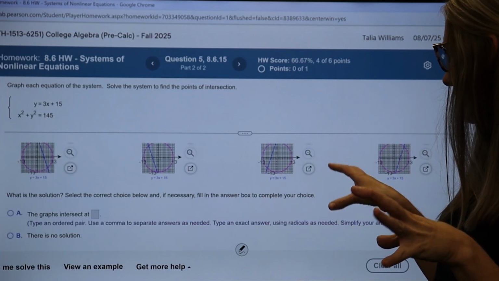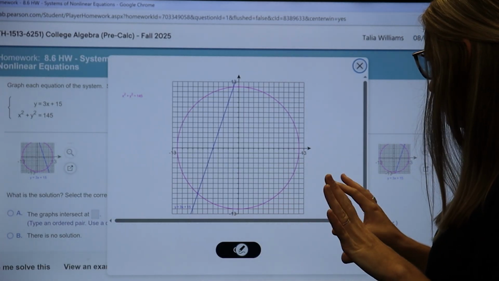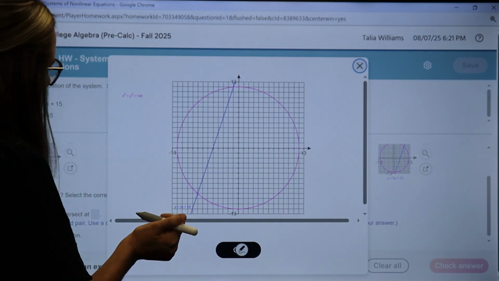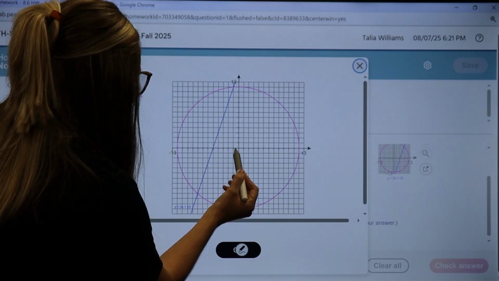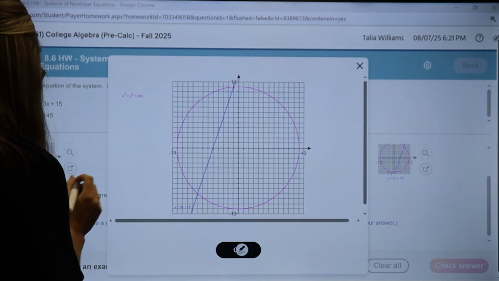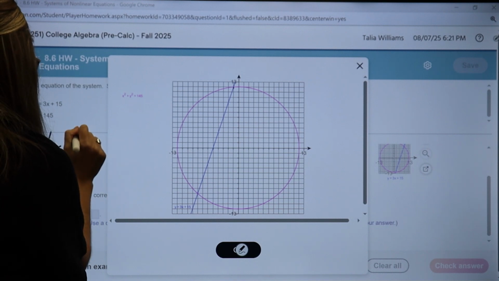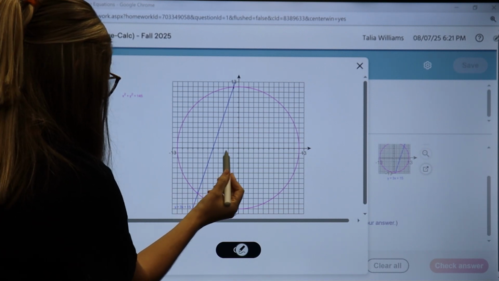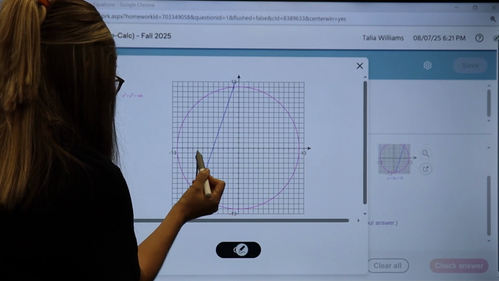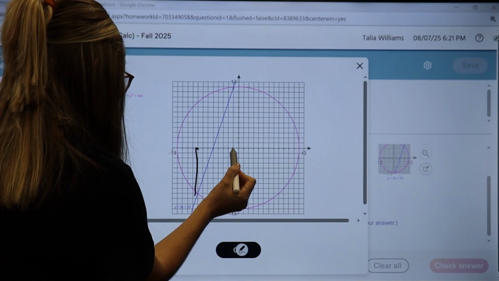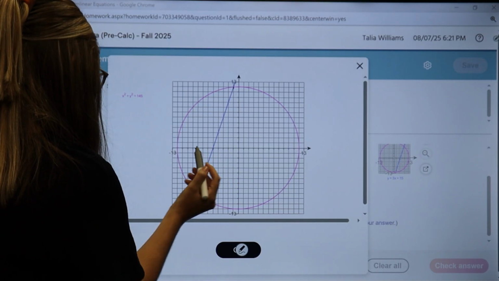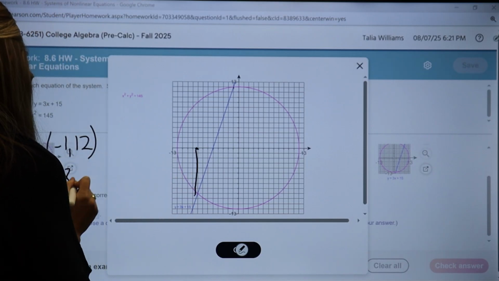Then when we go to find our ordered pairs where these intersect, I'm going to zoom in. This is going to be negative 12. So where do I want to write this? Negative 12. And this one is going to be 1, 2, 3, 4, 5, 6, 7, 8, negative 8.